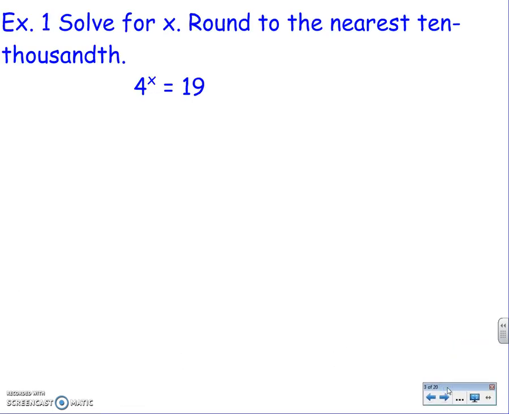All right, example 1, solve for x, round to the nearest 10,000th. So first let me solve it their way. We're trying to get x down, so we log both sides. Now I'm going to do log base 10. I'm not going to write the 10. Now we can bring the exponent down.